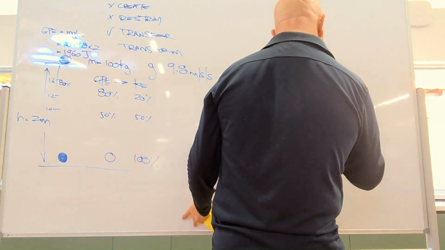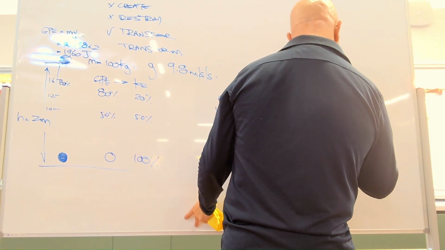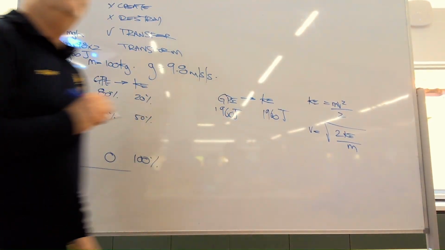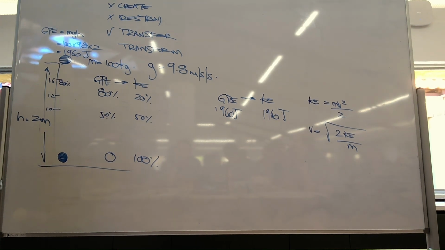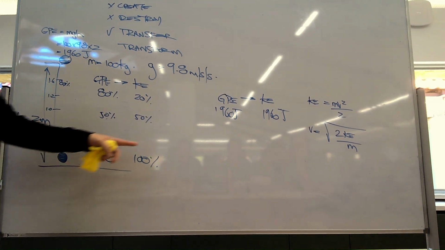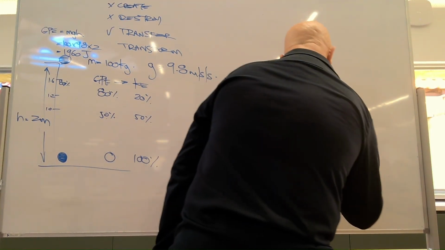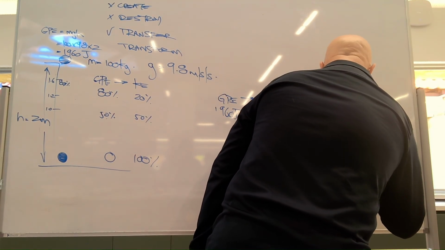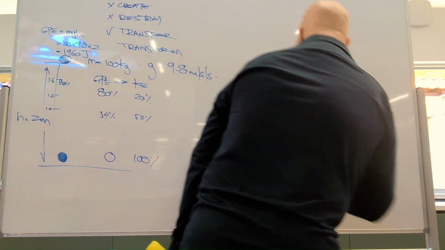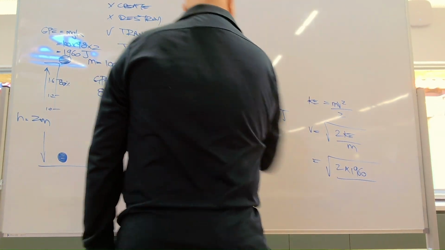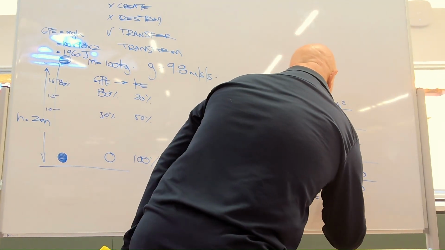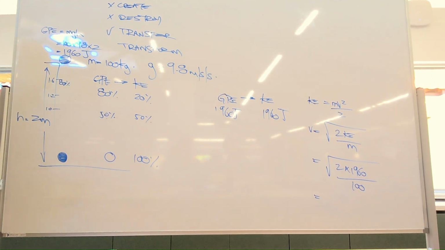So V equals the square root of 2KE on M. So if you did the square root of 2 times 1960 divided by M, which was 100, it would give you the velocity in meters per second. Okay?